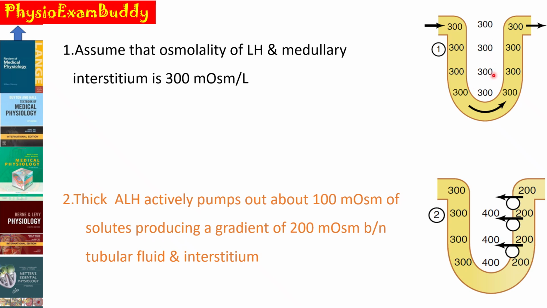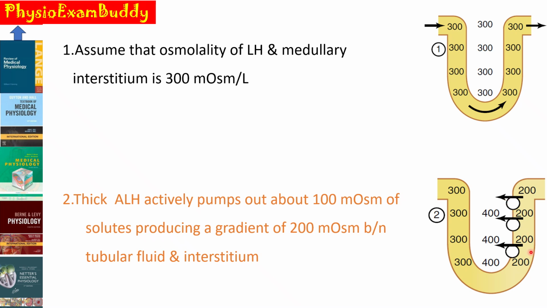300 milliosm per liter. Now I have already told that the thick part of the ascending limb of the loop of Henle actively transports or pumps out the solutes, particularly sodium and chloride, into the interstitium. This active pumping is represented by a circle as well as the arrow indicating the direction of the flow of the solute.